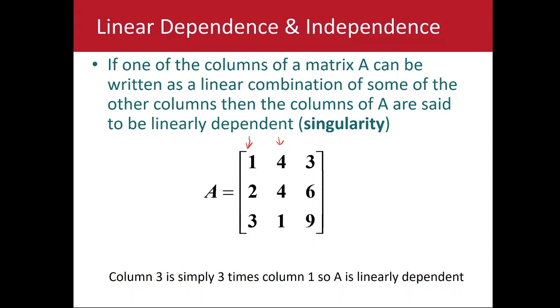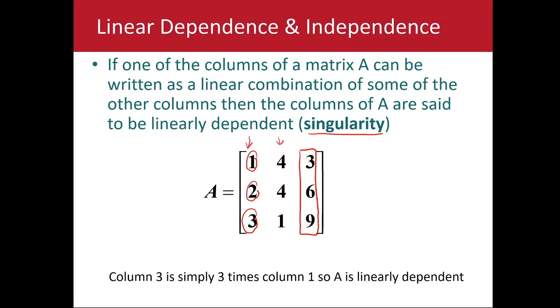So 3 times 1 is 3, 3 times 2 is 6, 3 times 3 is 9. So this matrix is linearly dependent because there is what we call a singularity. That is, a column is a linear combination of another column. We have to be on the lookout for those types of matrices.